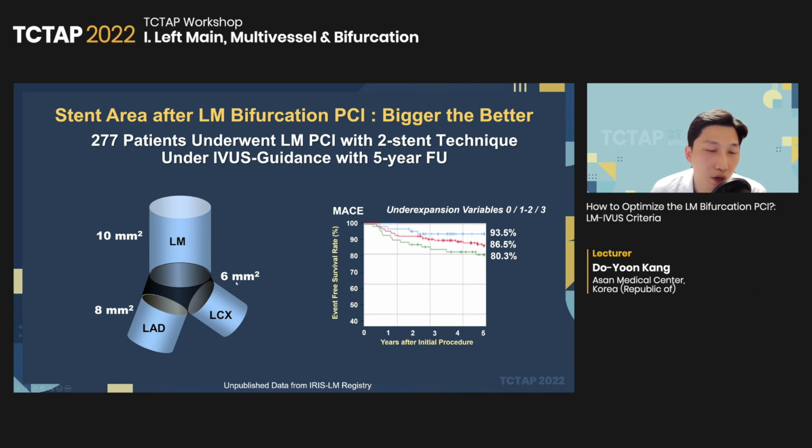And in another cutoff with 6, 8, and 10 at circumflex, LAD, and left main, if we get all 3 good expansion more than 6, 8, 10, then the 5-year MACE rate was less than 7%. The 5-year event-free survival was 93.5%. And if we get the bigger stent area with IVUS guidance, then clinical outcome after left main bifurcation PCI is excellent in long-term outcome.